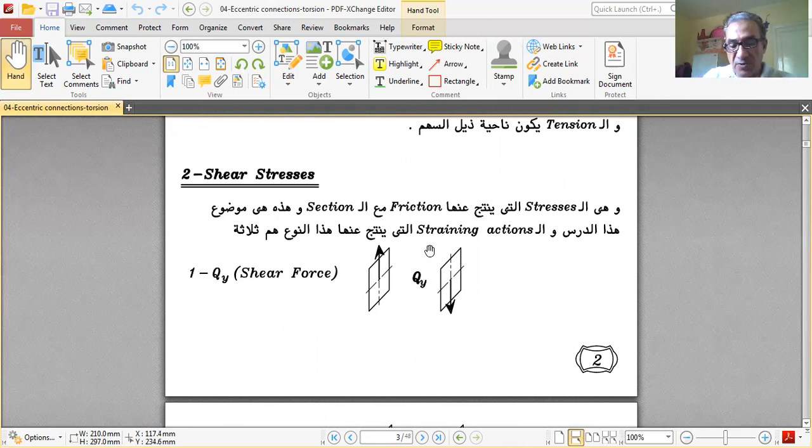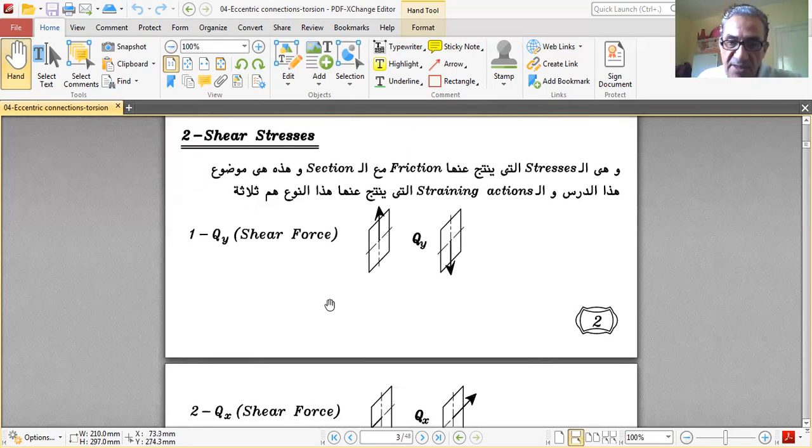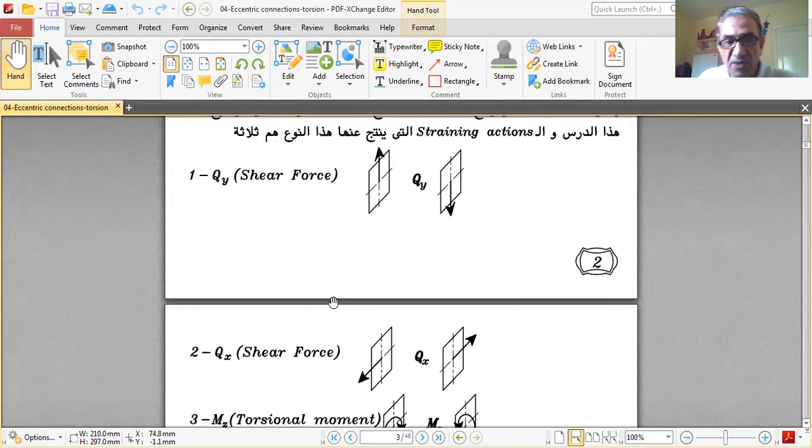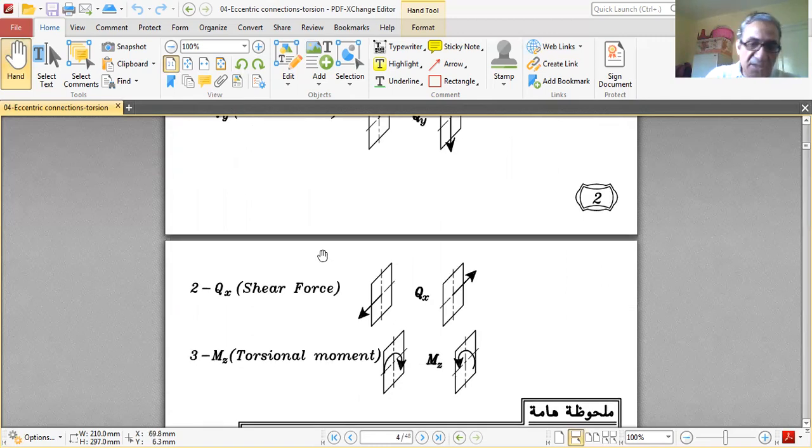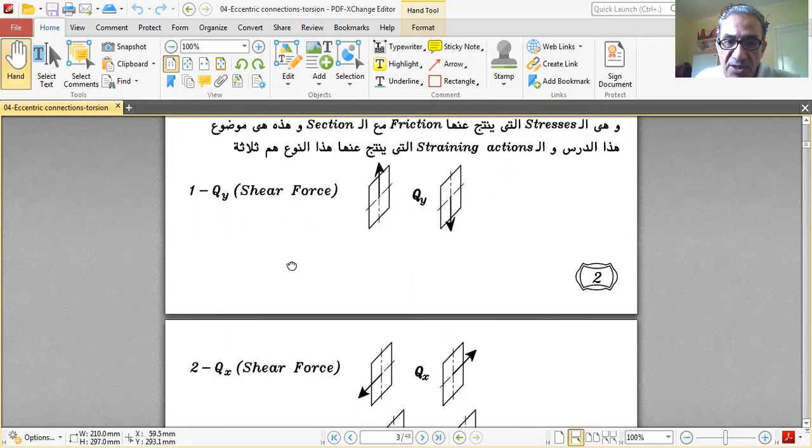Either this force Qy, this force Qx, or the torsional moment also produces friction, producing shear stress. Qy acts along the area of the section. Qx acts along the area of the section in the x direction, and Mz, the torsional moment, this way or that way, acts along the surface, so they also cause shear stresses.